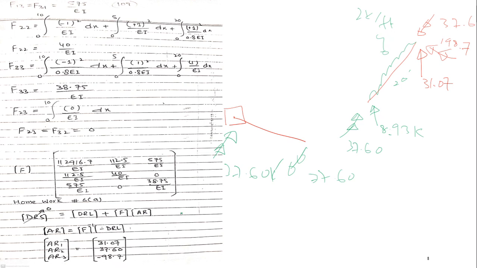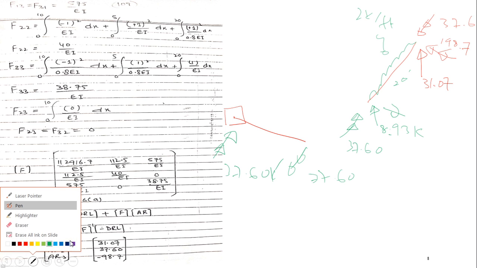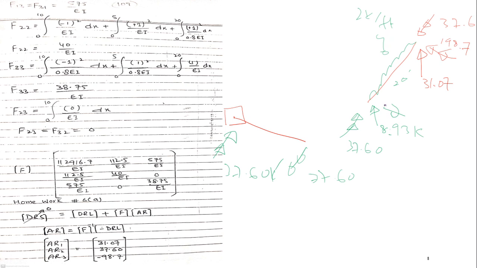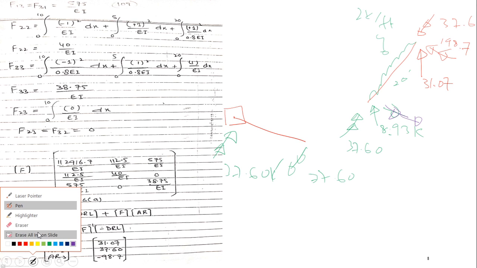The only problem is that I have to calculate some moments, and the moment here is to be calculated very keenly. For example, I want to calculate this moment, so let me use another pen. I want to calculate this moment, and let me clear it. It's very messy now.